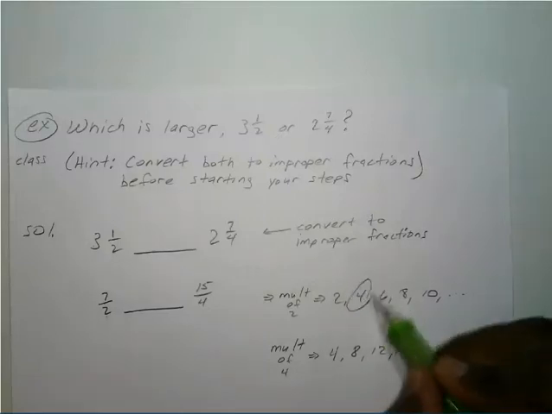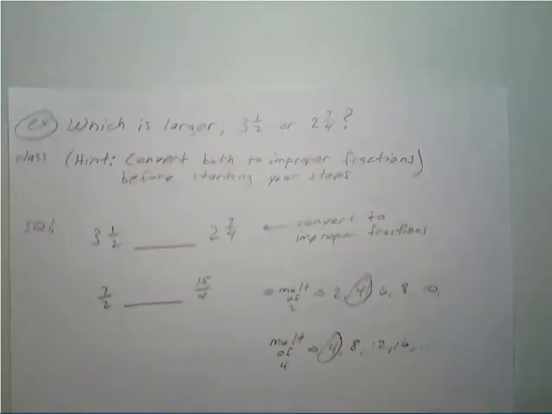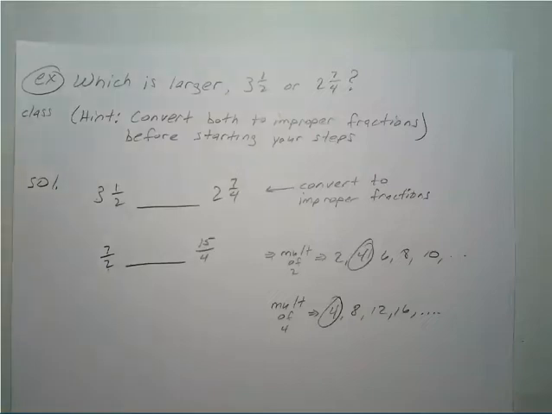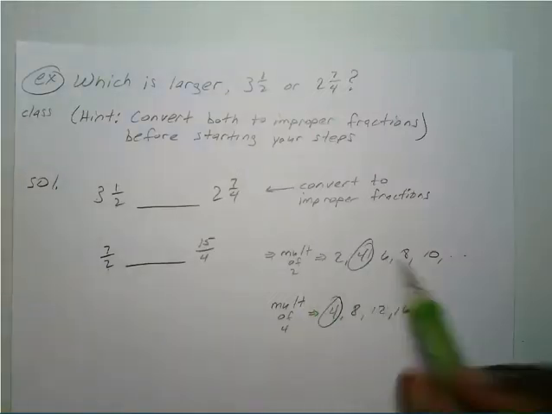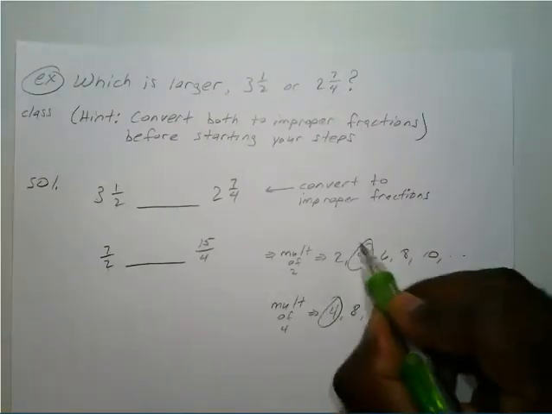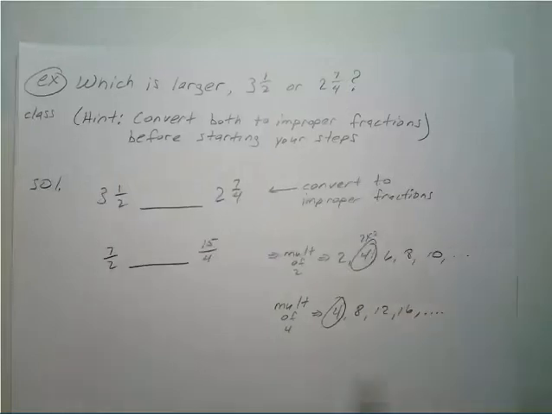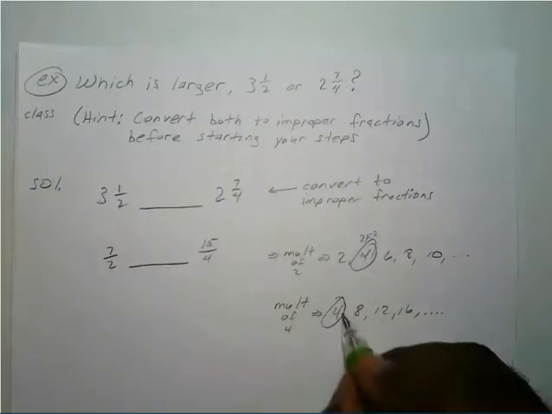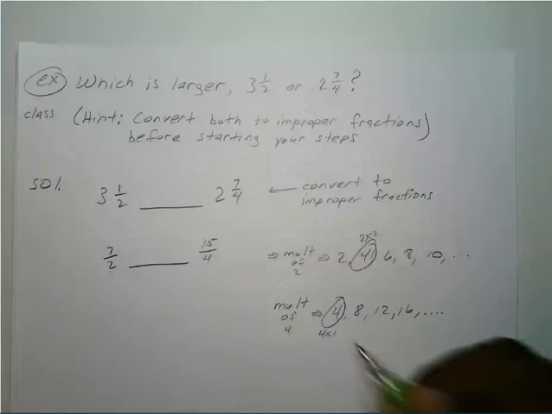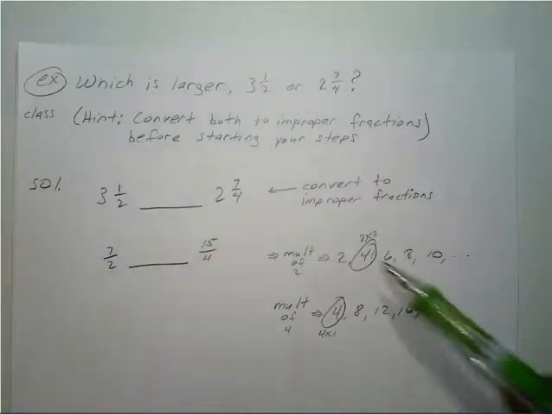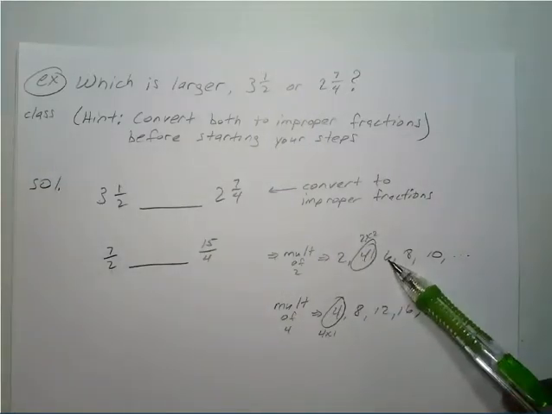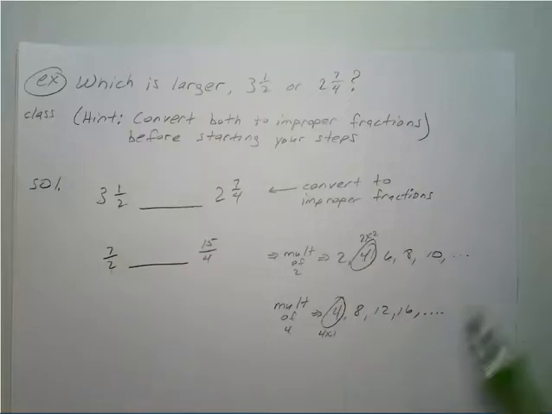And the smallest multiple they have in common is 4. So this 4, by multiples of 2, is just 2 times 2. And for our multiples of 4, this 4 is 4 times 1. Because remember, our multiples are 2 times 1, 2 times 2, 2 times 3, 2 times 4, 2 times 5, 4 times 1, 4 times 2, 4 times 3, 4 times 4, etc.